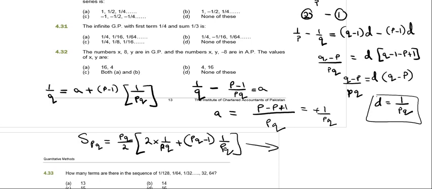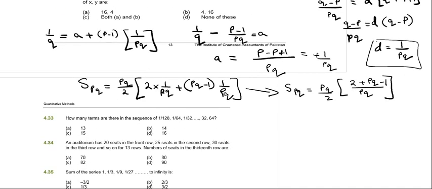Now if we solve this, sum of pq is equal to pq divided by 2, in bracket we have an LCM of pq, which will be 2 plus pq minus 1. This will finally be sum of pq is equal to pq divided by 2, and in bracket we have pq plus 1 over pq.